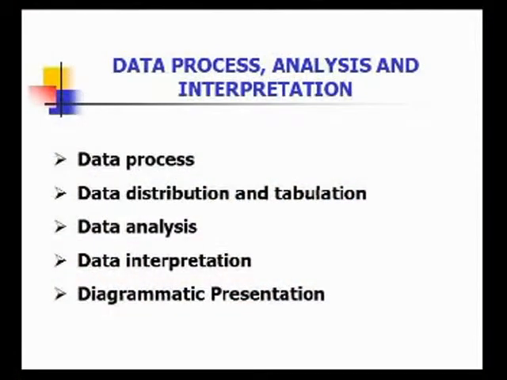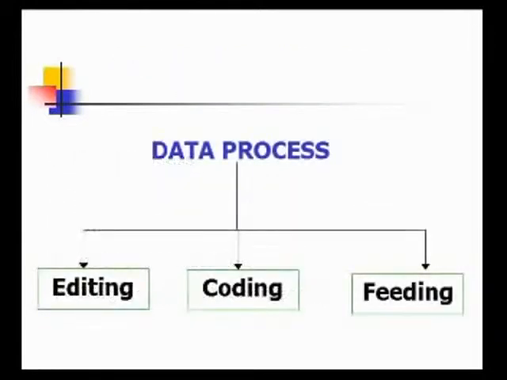Okay, now let us move to the next stage of the social science research process, that is data processing, analysis and interpretation. In this, the first thing is data processing. So let's see what it contains. In data processing, there are three things.